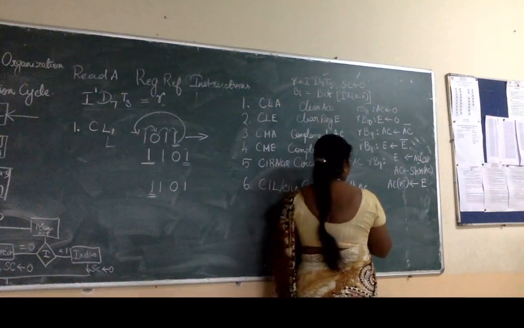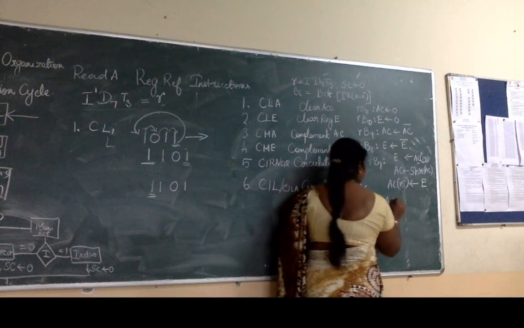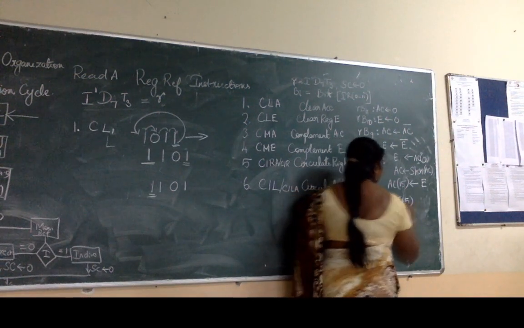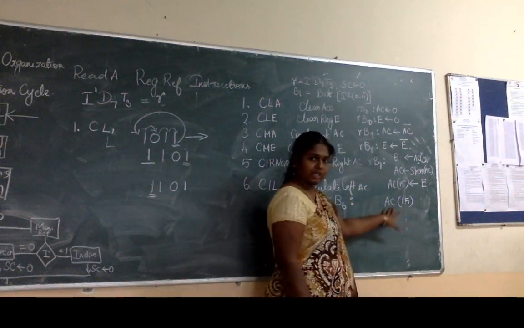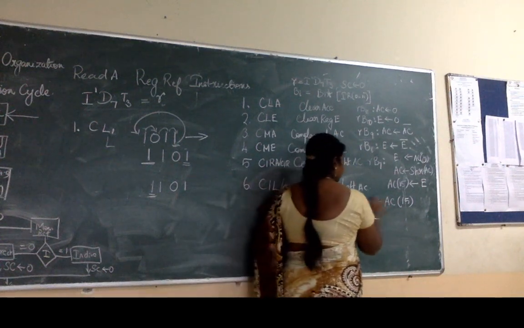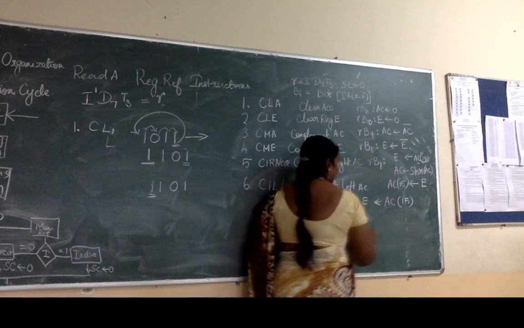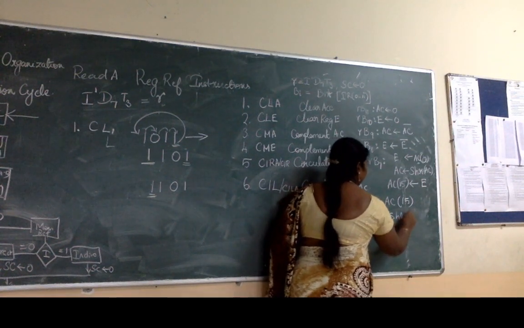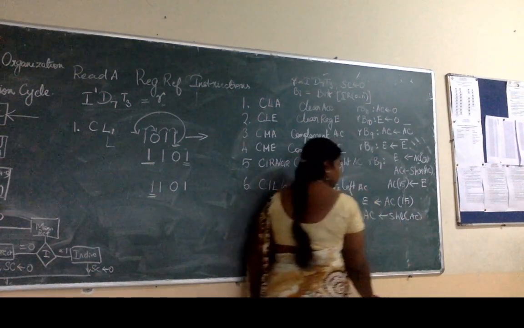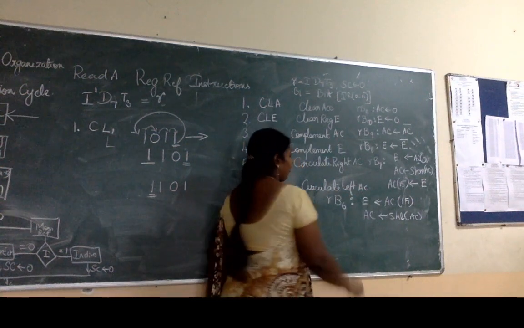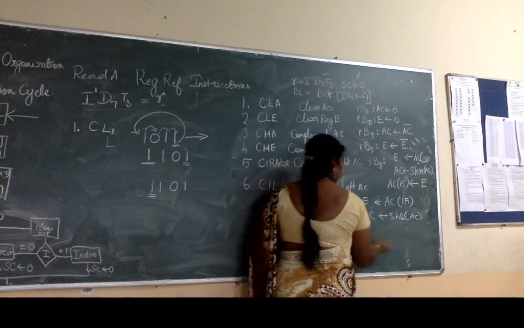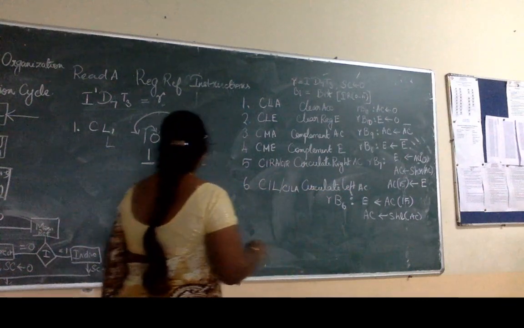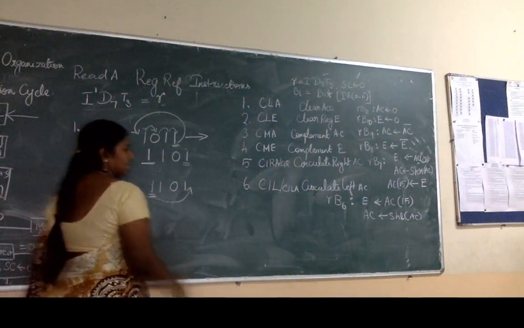I am going to save the MSB of the accumulator, which is bit 15 of the accumulator, into the register E. Then I am going to perform a shift left operation of the accumulator and store the result back into accumulator, followed by bringing this bit into the LSB.